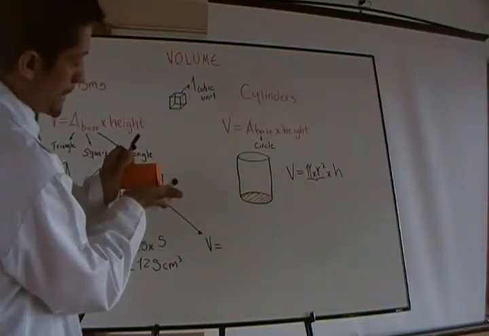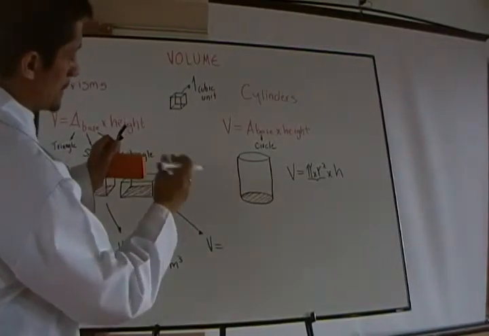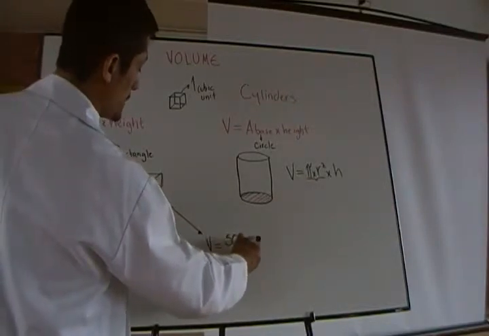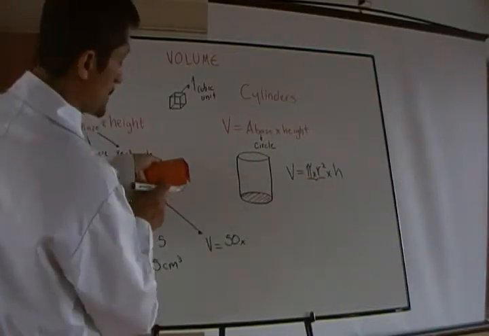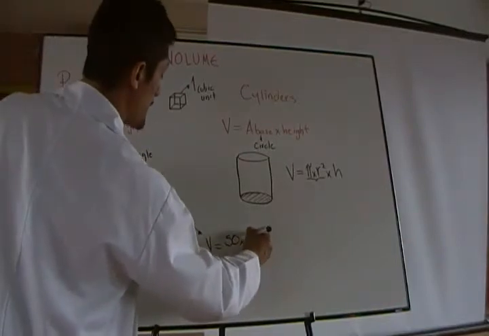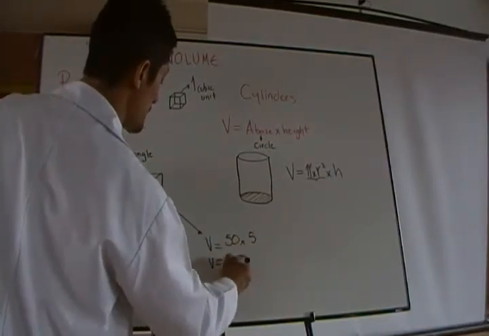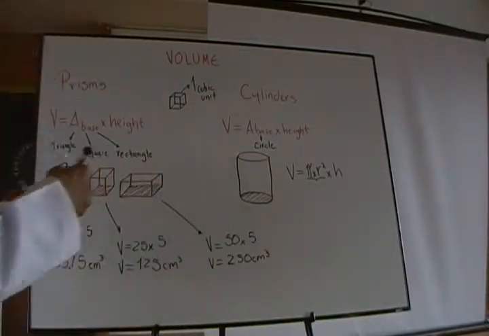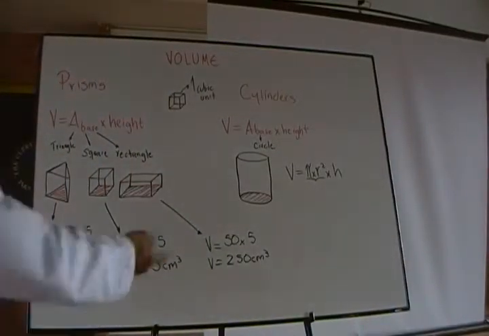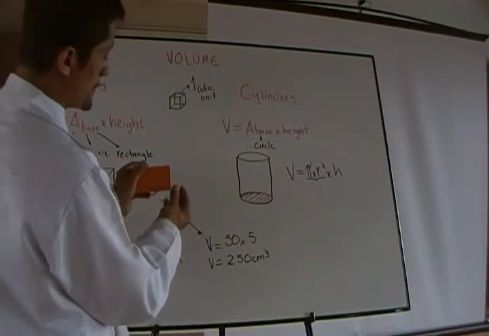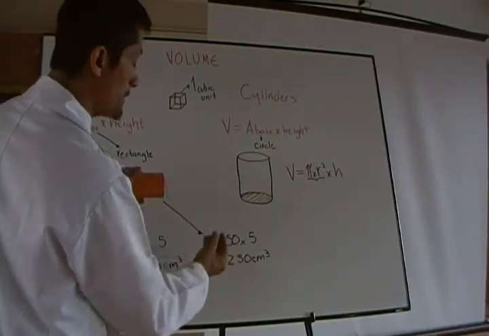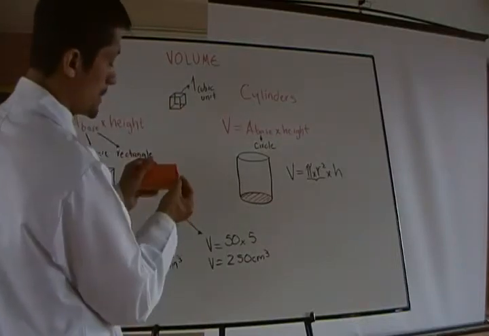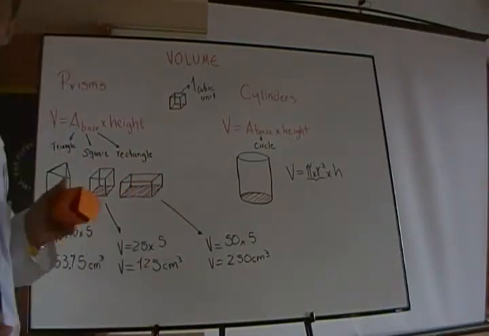So I have the area of the base times the height, which is 5. So the area of the base, as you can see here, is 50 square centimeters times the height, 5. So in this case, the volume would be 250 cubic centimeters. So again, as in the previous case of the cube, we're going to have in this case 250 of these cubes, which are cubic centimeters, stacked together.